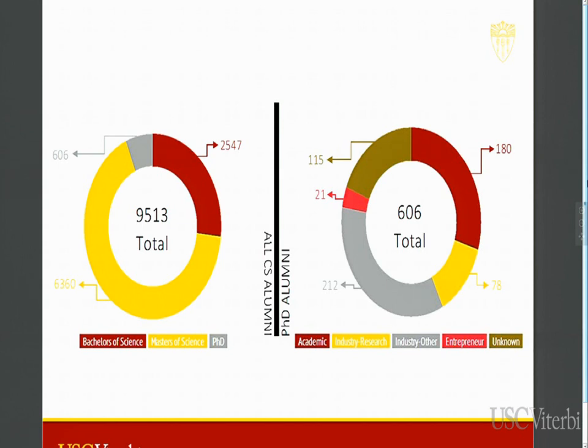A substantial number are in industrial research positions, about 78. About a third are in other industry occupations. Several are pursuing entrepreneurship type activities, and then there's an amorphous group that's pursuing a mixture of these activities or something else.